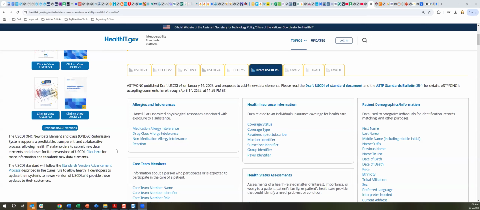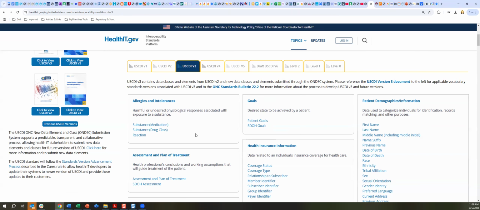And so if you look back in time, you can see how it started very small. And there's sort of a glide path. So USCDI will say, let's look at version 3.